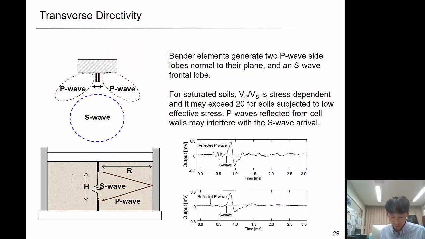I think this figure shows the reflective wave, so you get the reflective wave here. Bend element generates two P wave side lobes normal to their plane and an S wave frontal lobe. In saturated soil, P over Vs is stress dependent and may exceed 20. For soil subjected to low effective stress, P reflected from the cell may interfere with the S wave arrival.